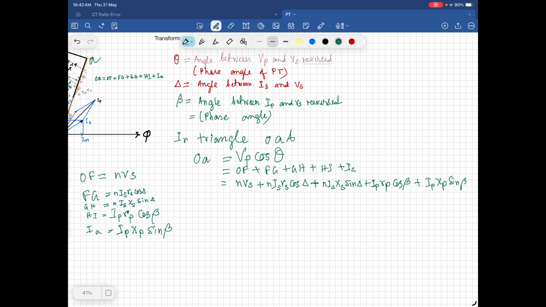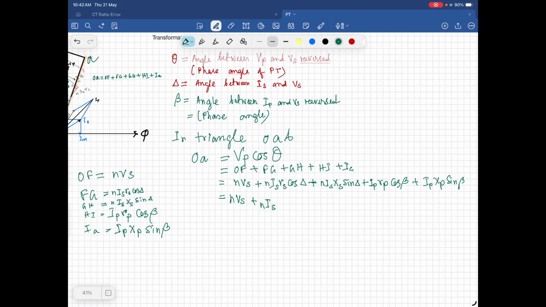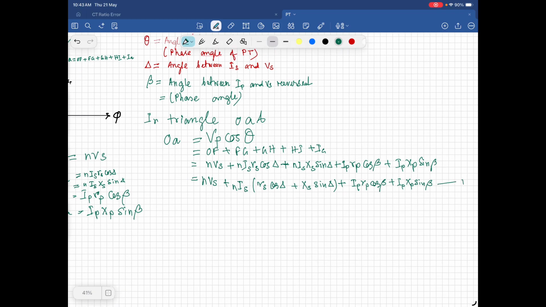HI is equal to Ip Rp cos beta and IA is equal to Ip Xp sin beta. If you draw the diagram properly, then you can easily find the values of OF, FG, GH, HI and IA. So you can take nIs common: Rs cos delta plus Xs sin delta, plus Ip Rp cos beta plus Ip Xp sin beta. So this is equation 1.